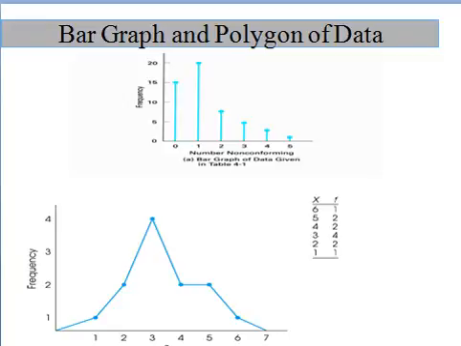So it doesn't matter if you want to use a bar graph or polygon graph in your data analysis. It just depends on your needs and the way you are representing data for the viewers or readers to understand.